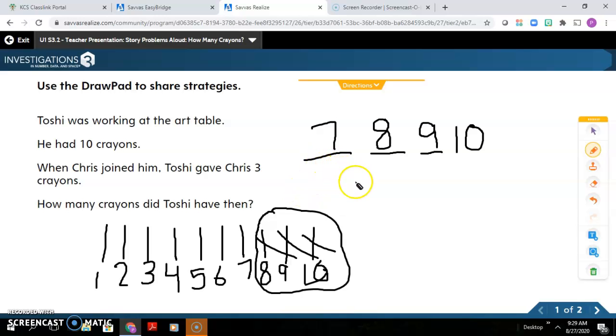I've had a lot of boys and girls use their fingers where they start with 10 and just put a finger down. That could be another strategy that you do. You may just know in your head that 3 plus 7 equals 10.